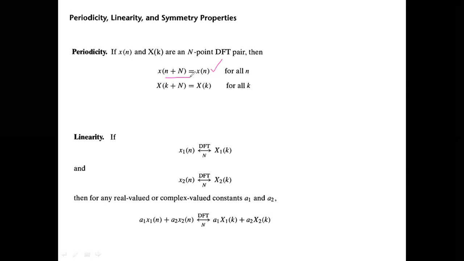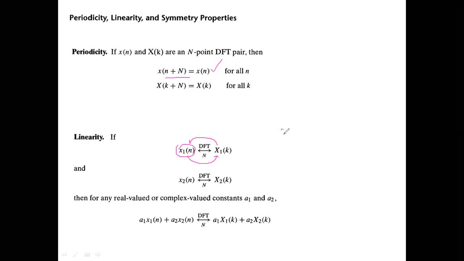Even during the derivation of DFT, it was told that when you take a signal x of n, say this one, you take the DFT, and then you take an inverse. Then this sequence is no more our aperiodic sequence that we took for processing.